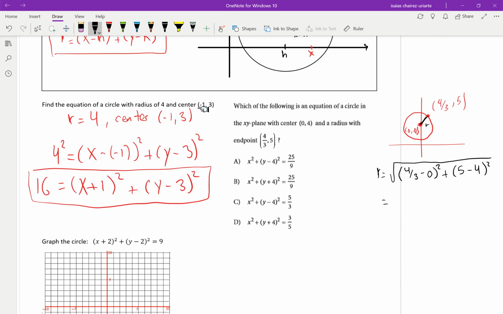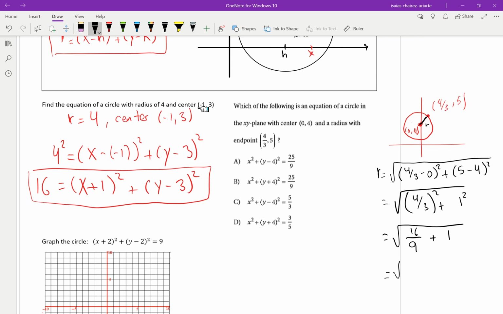Okay, well that becomes 4/3 squared plus, this becomes just 1 squared. So that is the square root of, this becomes 16/9 plus 1.